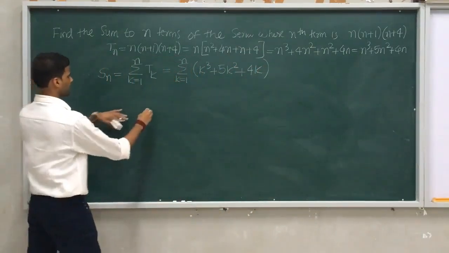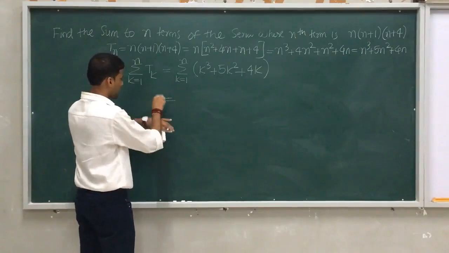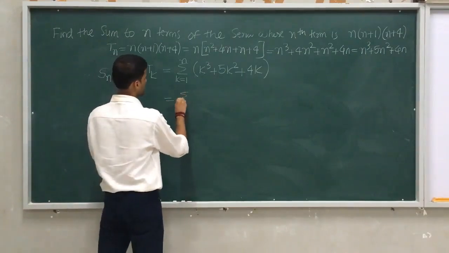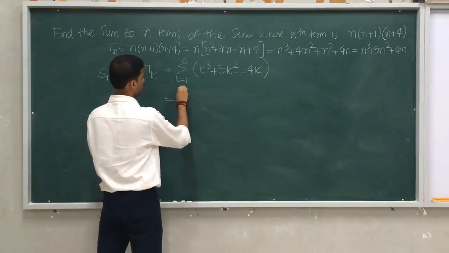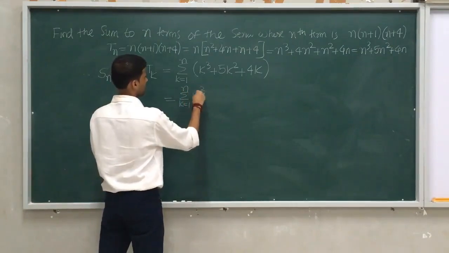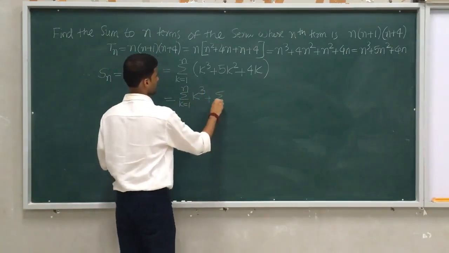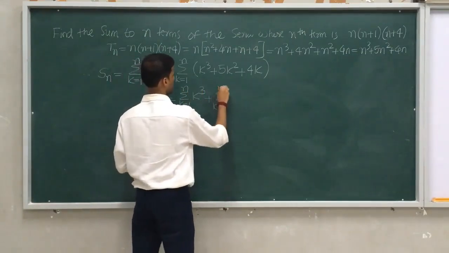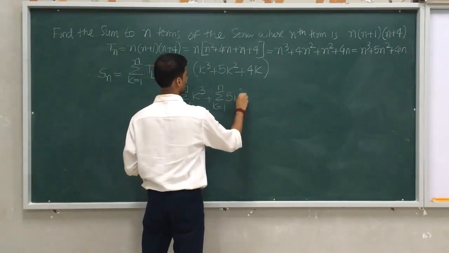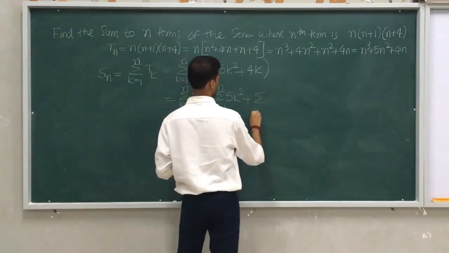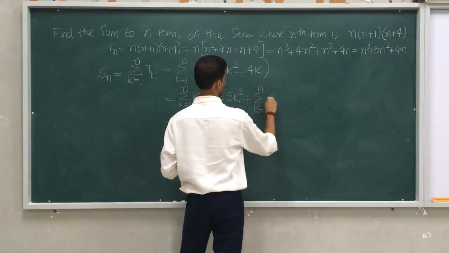So I can say this thing as summation of k from 1 to n, k cube, summation of k from 1 to n, 5k square, summation of k from 1 to n, 4k.